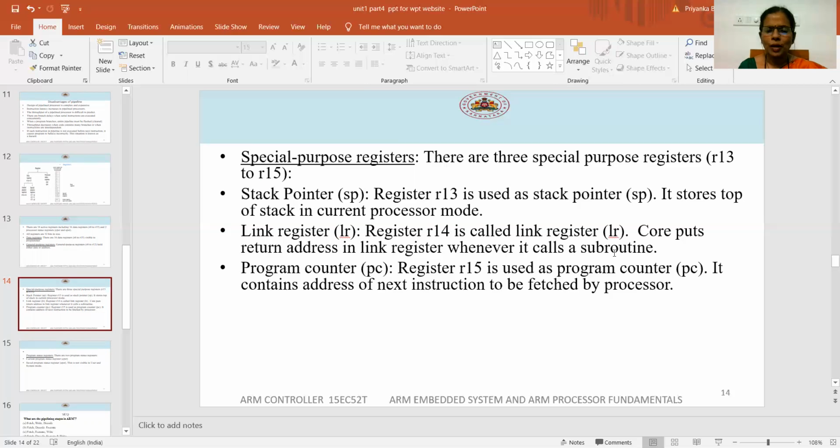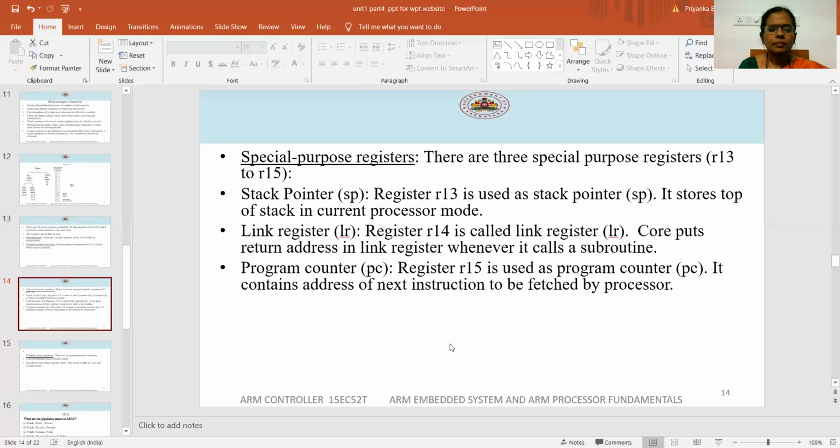A subroutine is a small program. After going into the subroutine, again it has to come back to the main program. So while coming back, the address of the instruction will be stored in the register R14. It will take the content of R14, and it will come to know where it has to come back to in the main program.